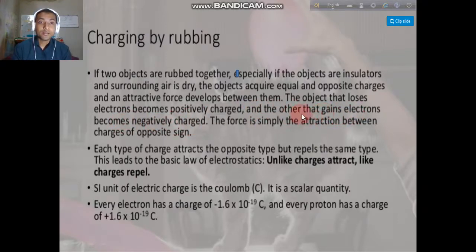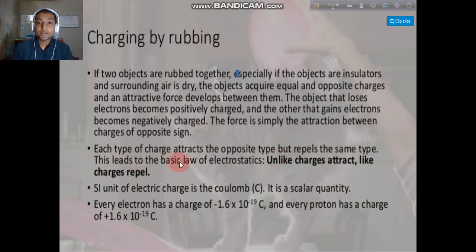The force is simply the attraction between charges of opposite sign. Each type of charge attracts the opposite type but repels the same type.